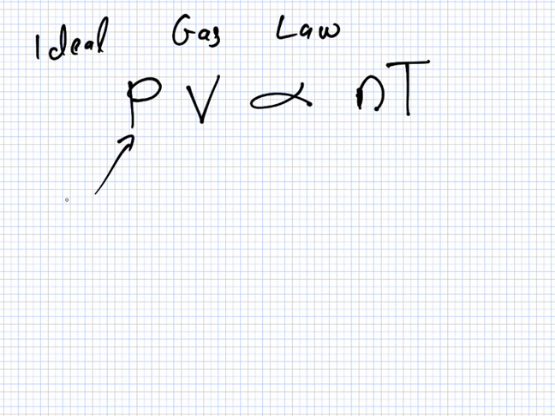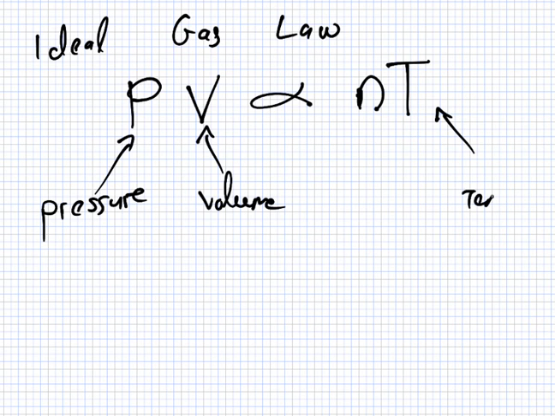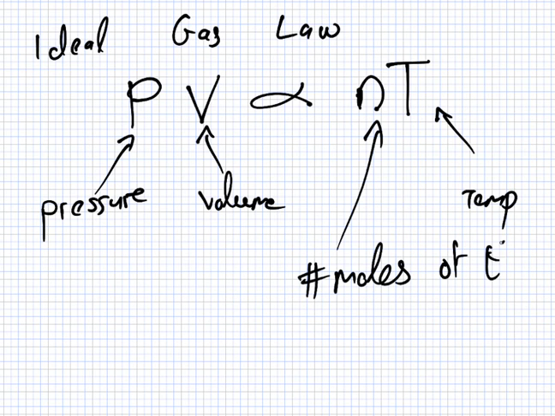So this is the pressure, this is the volume, this is the temperature, and this here is the number of moles of the gas. There are many ways to rewrite this, but for our physics exam they keep it like this normally.